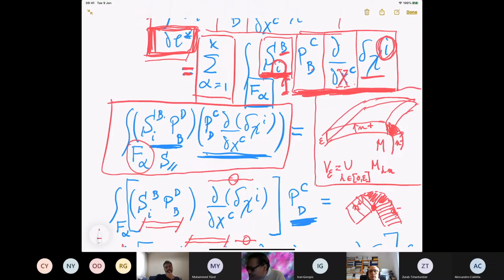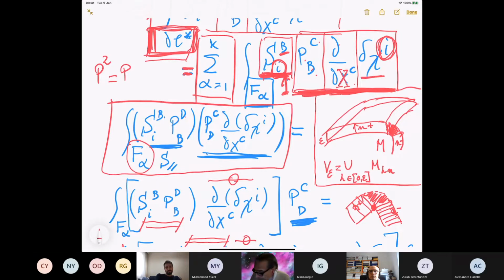But this is not a problem because we can split P_CB into P_BD P_DC, because P squared is always equal to P. It is a projector.